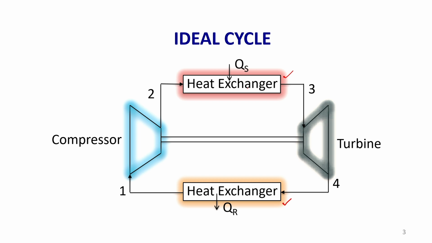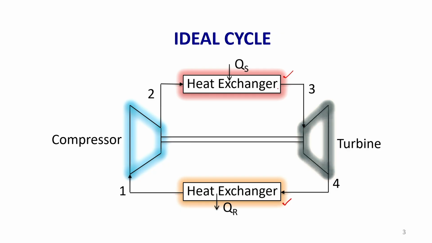Like diesel cycle or Otto cycle, where also the combustion process is replaced by either a constant volume heat addition process in case of an Otto cycle, or a constant pressure heat addition process in case of a diesel cycle. In both the cycles, the exhaust process is replaced by a constant volume heat rejection process.